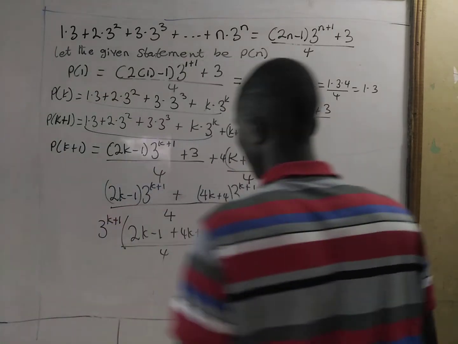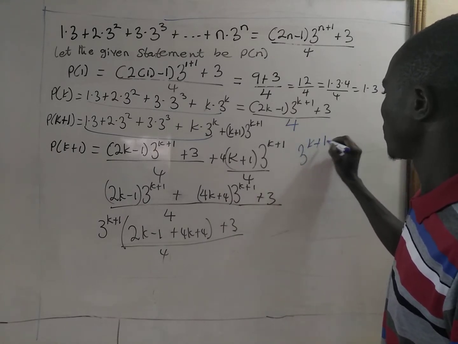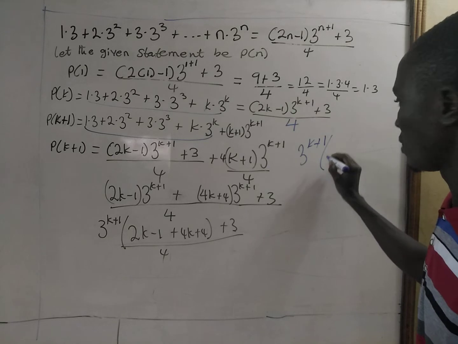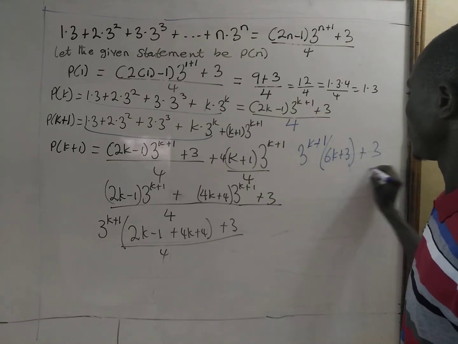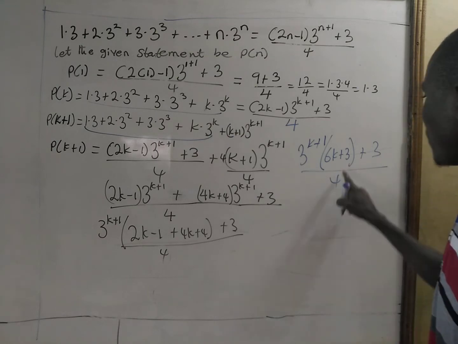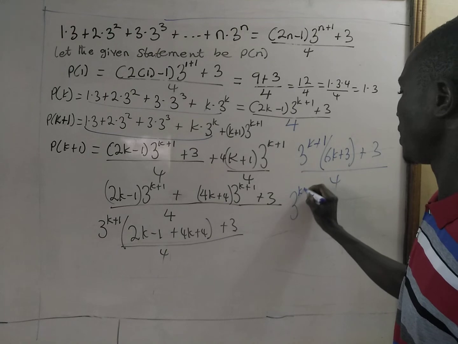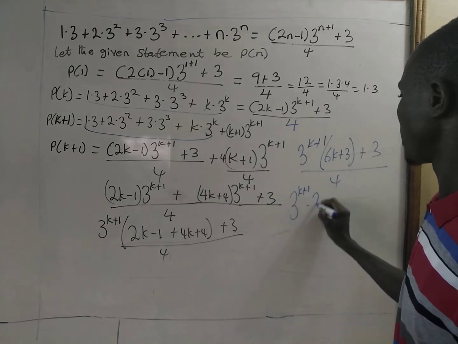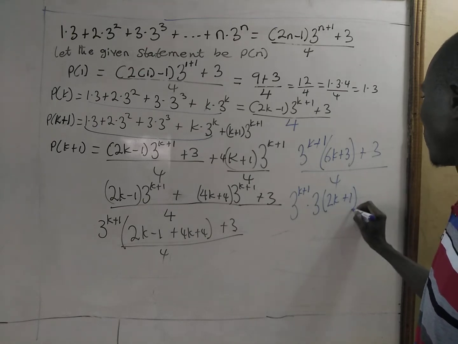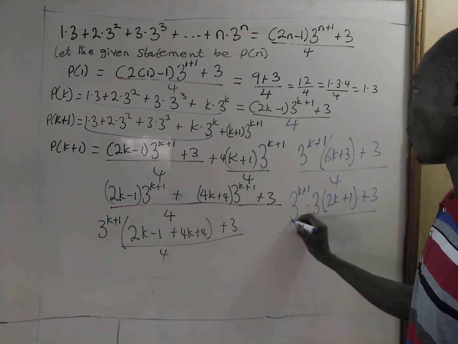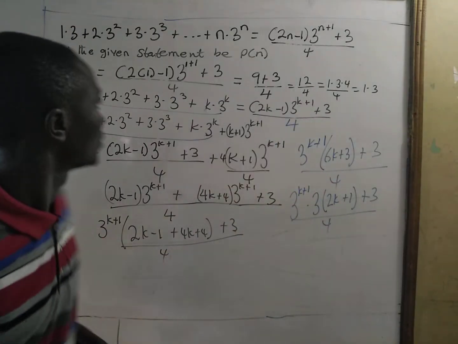Now this gives 3 to the power k plus 1 times (6k plus 3), plus 3, all divided by 4. And here we can factorize 3 out. So we have 3 to the power k plus 1 times 3 times (2k plus 1), plus 3, all divided by 4. Wow, that is very simple.